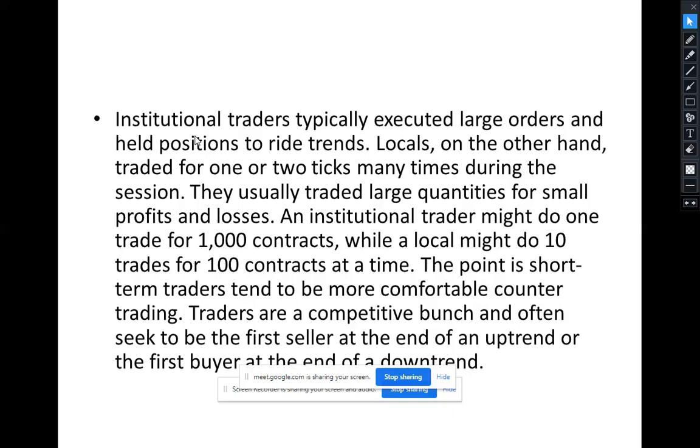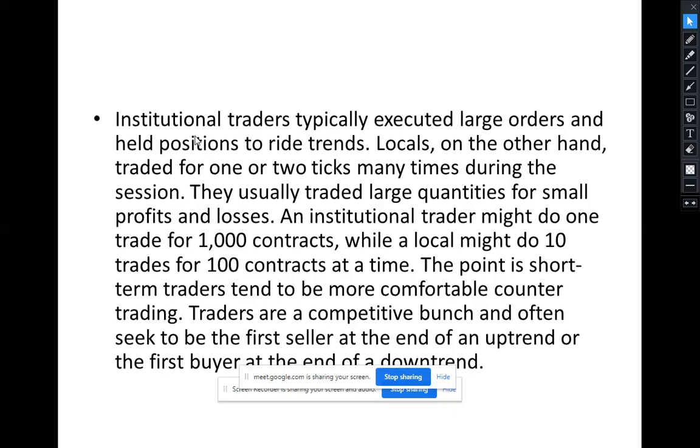Locals, like retail traders, on the other hand, trade for one or two ticks many times during the session. The institutional traders usually trade large quantity for small profit and loss. An institutional trader might do one trade for 1,000 contracts, while a local might do 10 trades for 100 contracts at a time.